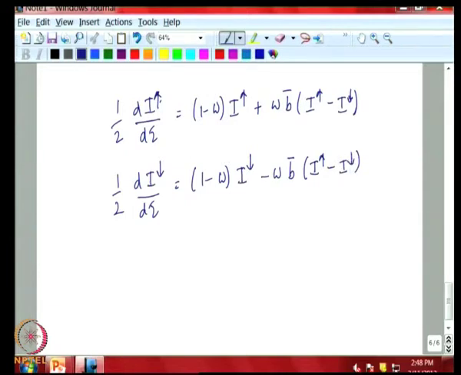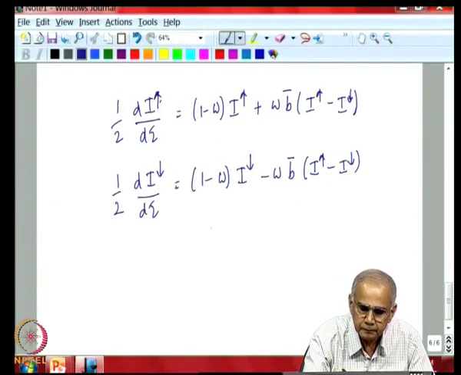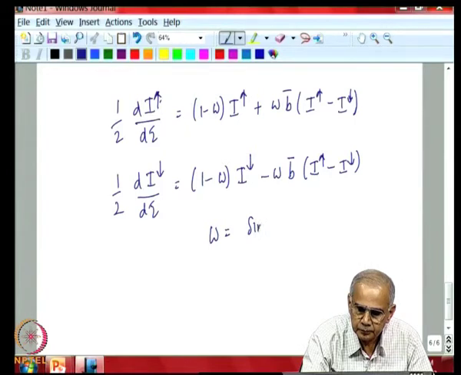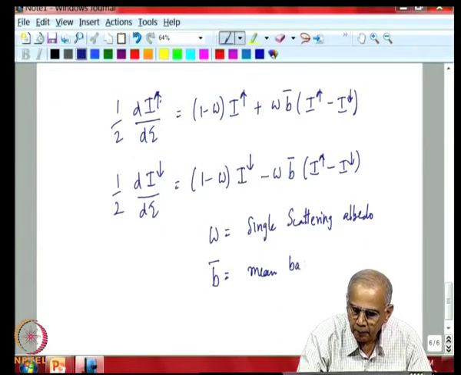So, we have two coupled ordinary differential equations for the intensity upwards and downwards, and there are only two parameters of interest here. One is single scattering albedo, another was b bar, the mean backscatter fraction.